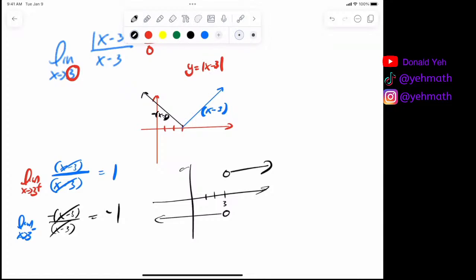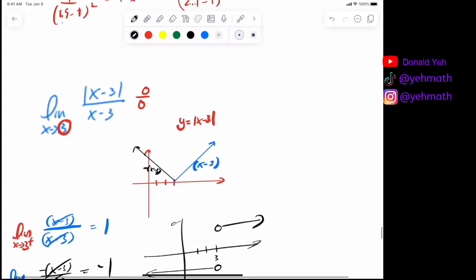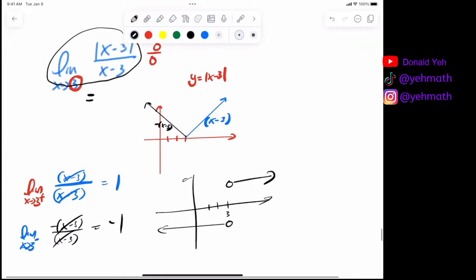But if you reach 3 from both sides, guess what? What is the answer? You already approached 3 from the left and 3 from the right, and you are inconclusive. So what will be your answer? Does not exist. But you had to approach from two different ends to decide that.